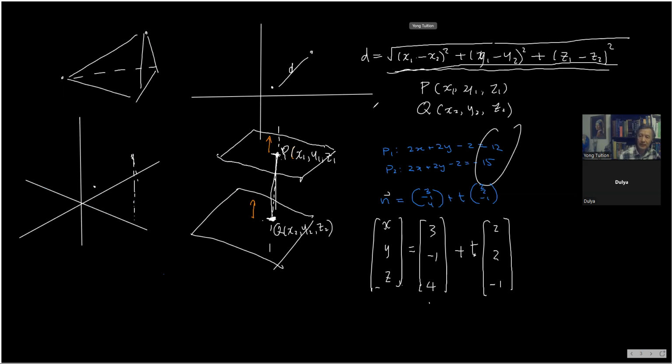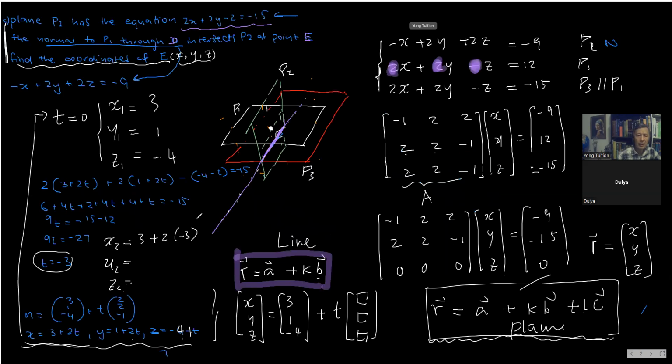Once we got x, y, z for two points on these two planes, we still have to use this distance formula. Do you agree? It's solved, isn't it? Can you follow me?